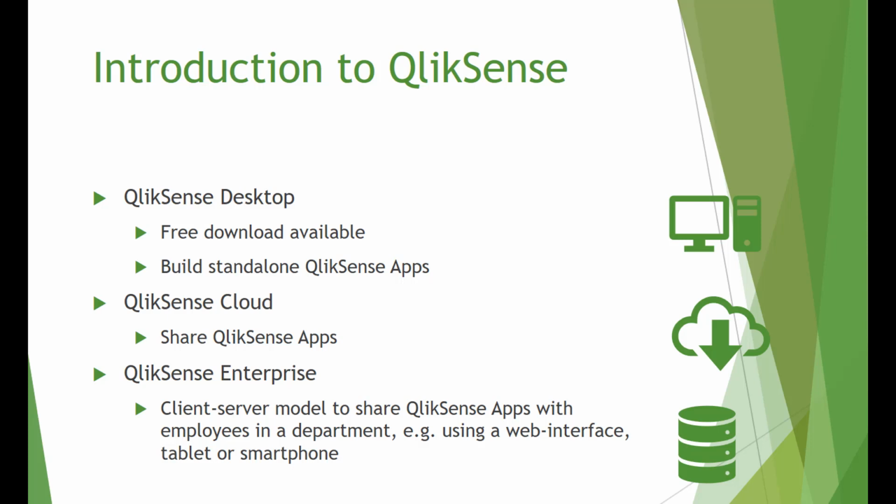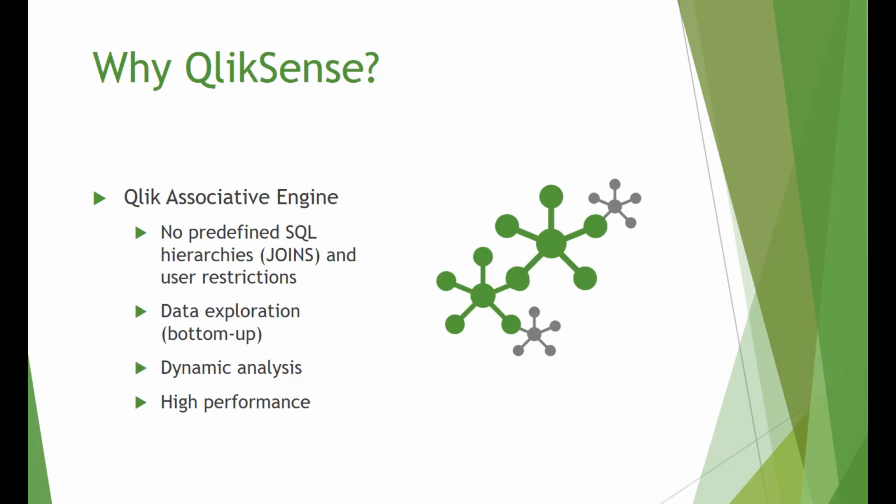One of the key differentiators of QlikSense and QlikView compared to other visualization tools is the Qlik Associative engine. Most traditional visualization tools have a linear query approach. Within this linear approach, you mostly start from a predefined structure. So you're actually telling the end user how he should do the analysis and do not offer any room for exploration.